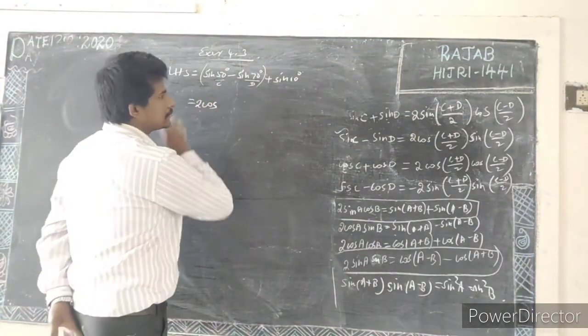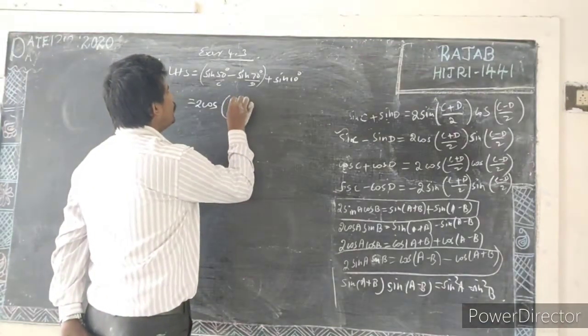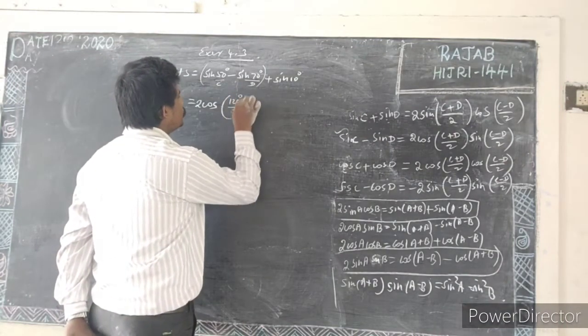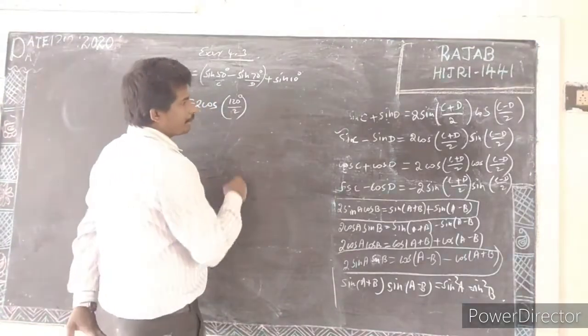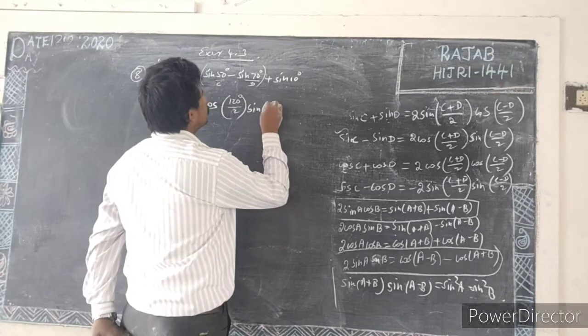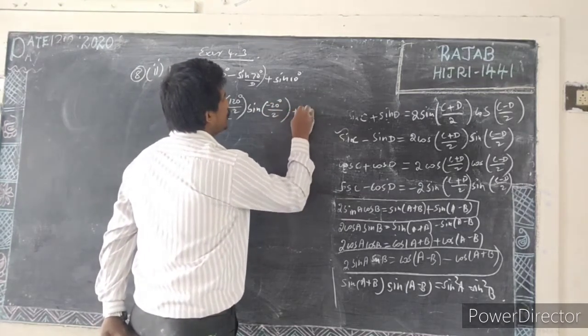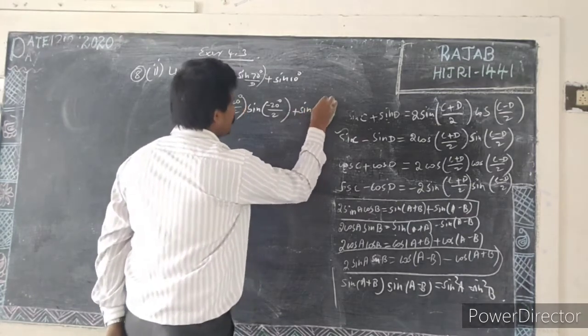So 2 cos (C plus D), so here we will have 120 degree divided by 2, into sin (C minus D), so minus 20 degree divided by 2, plus sin 10 degree.